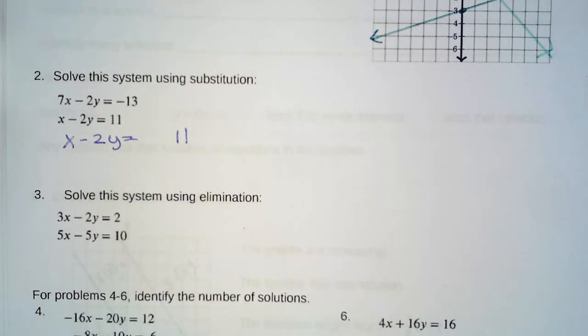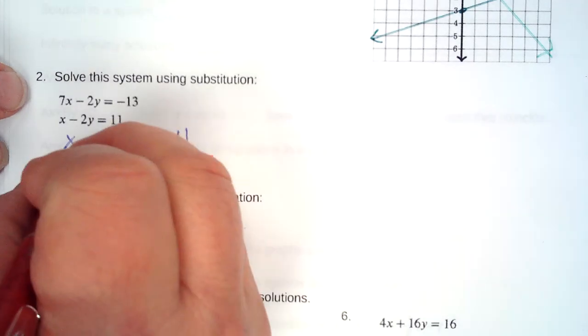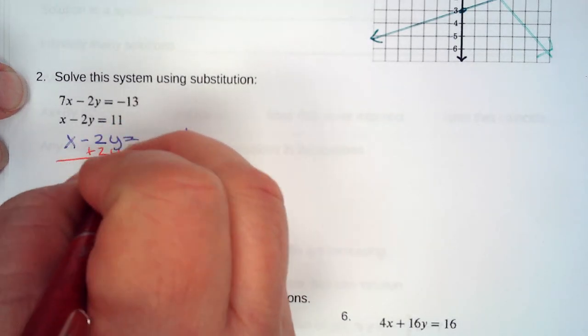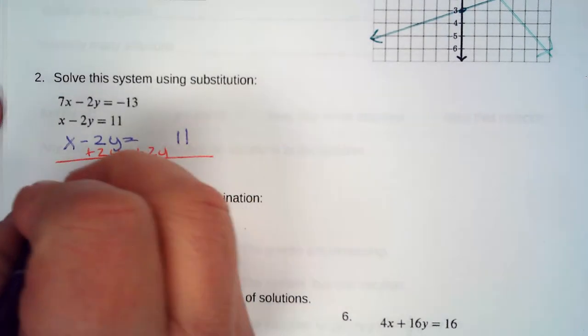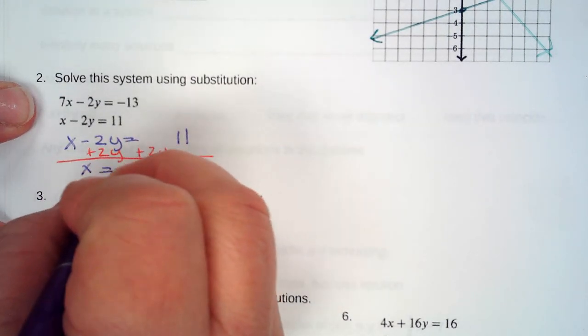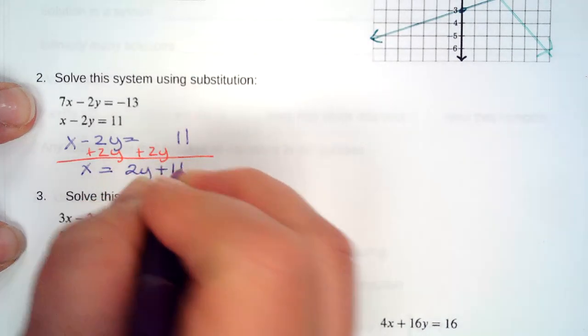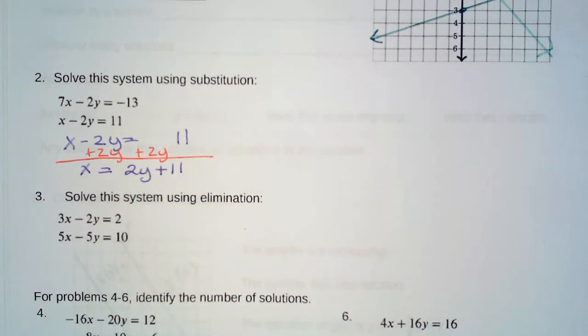I'm going to add 2y to both sides, and x is equal to 2y plus 11. I will substitute that into the first equation.